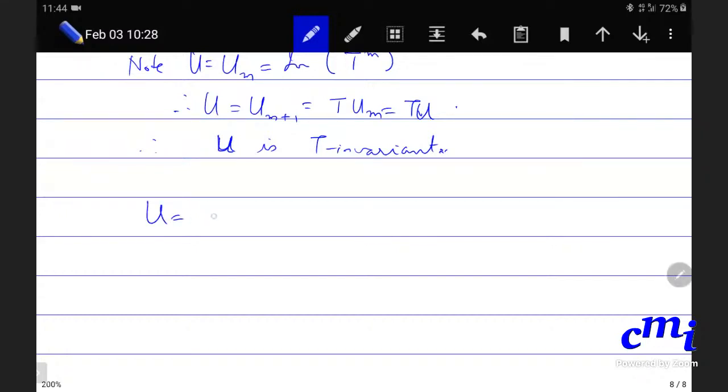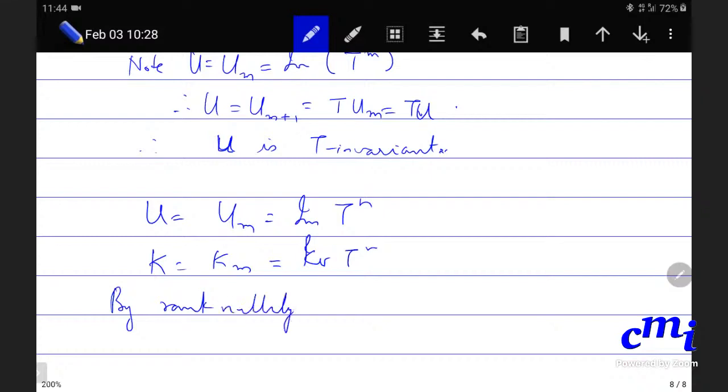And K is K_m, which is the kernel of T^m. By the rank-nullity theorem, the dimension of U plus the dimension of K is equal to the dimension of V.